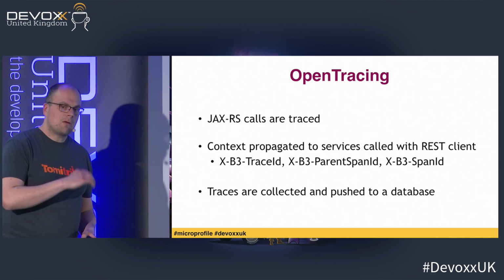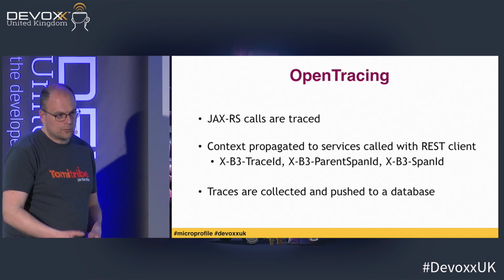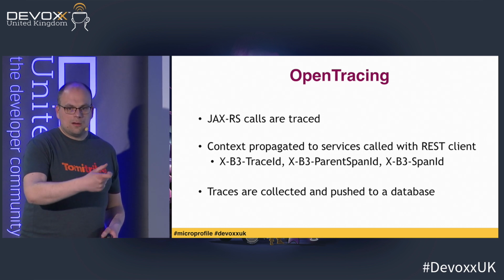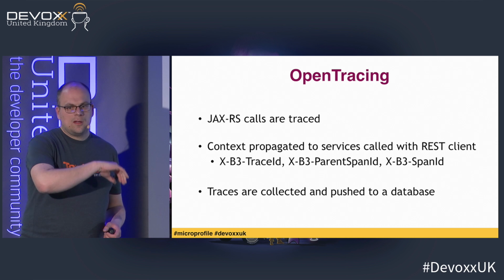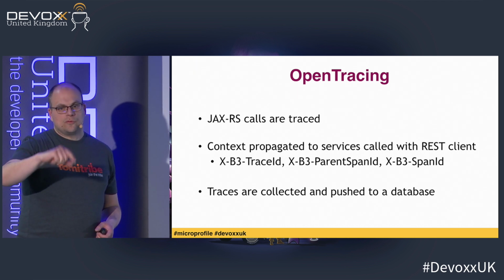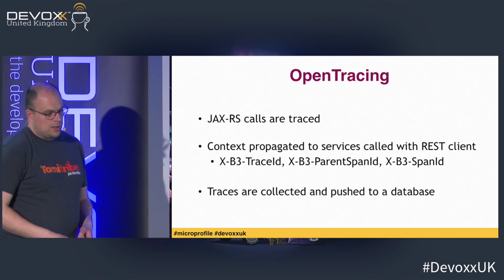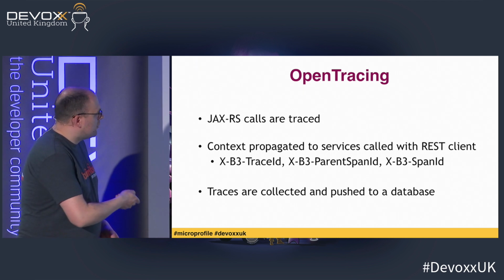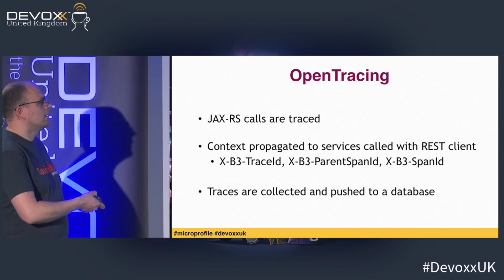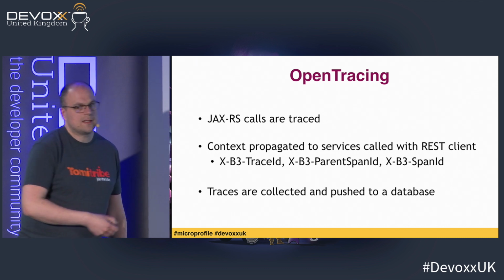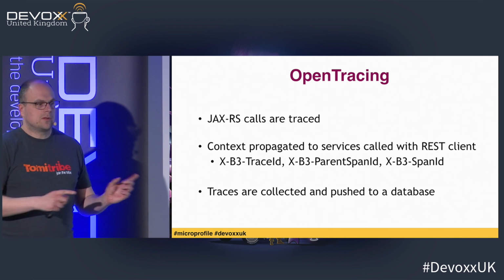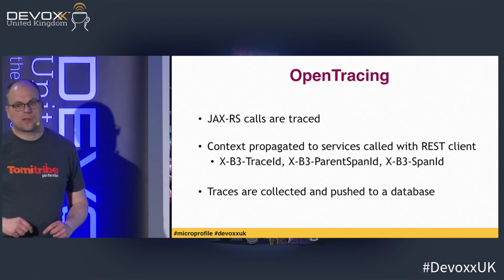If you're then making ongoing calls using the REST client, which we'll talk about a little bit later, those calls are instrumented, and the trace information is then sent as HTTP headers through to the service that's being called. If you're interested in this kind of thing, it's typically these headers here: the XB3 trace ID, XB3 parent span ID, and XB3 span ID are the headers that get passed around between the service calls in order to keep track of what's going on.